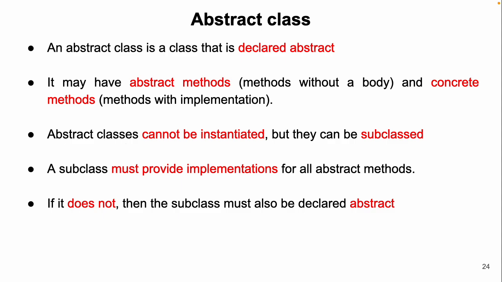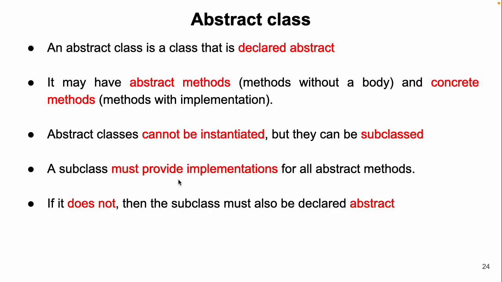That means I cannot create an object for that particular abstract class. I can extend that abstract class to another subclass, and for that subclass I can create objects. Using that object I can use the concrete methods, or I will implement the abstract methods present in this abstract class.